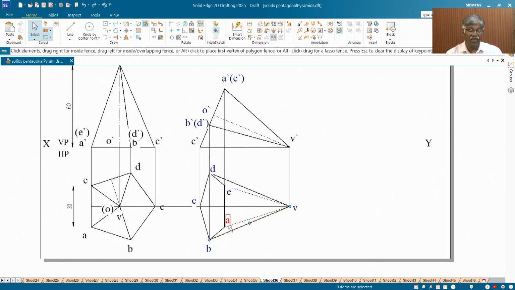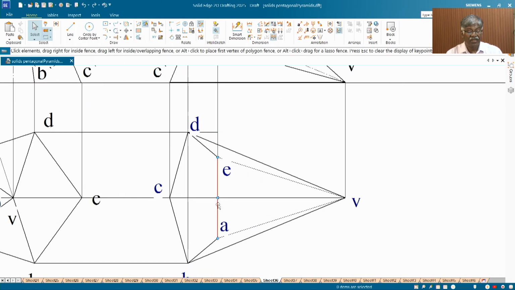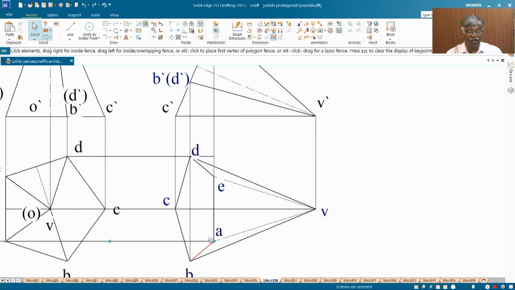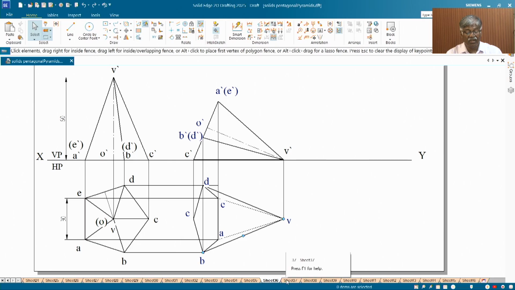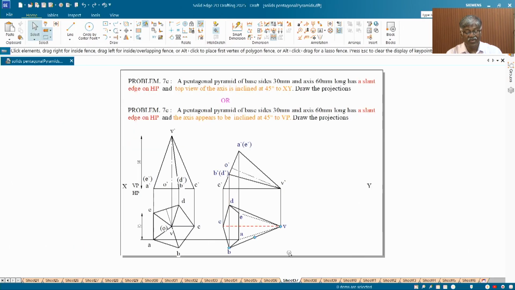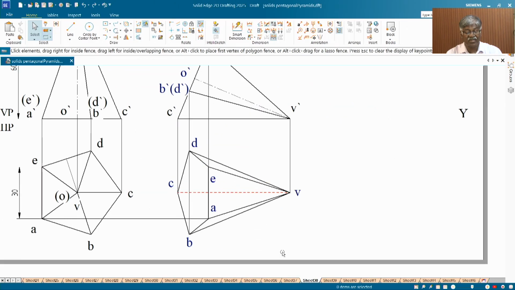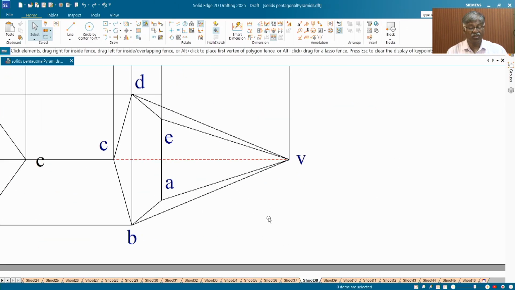And AV and EV are visible because this line EA and BA are dark. This is also dark, bends. Again, this also bends. Okay. Now you can complete that. This is invisible crossing line or visible surface invisible line. This is bends. See. So this is how you can complete the solution.